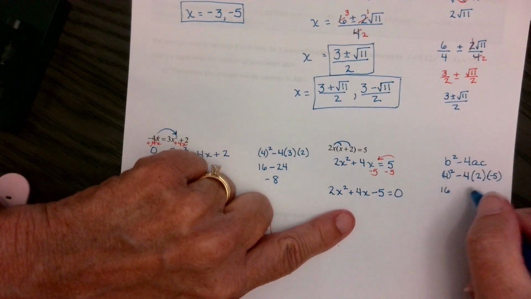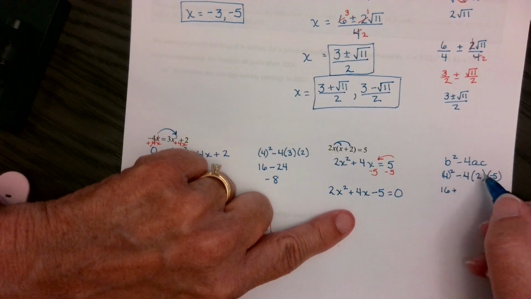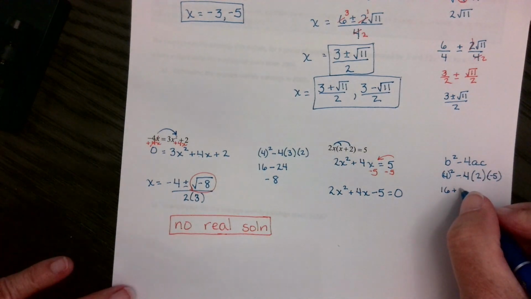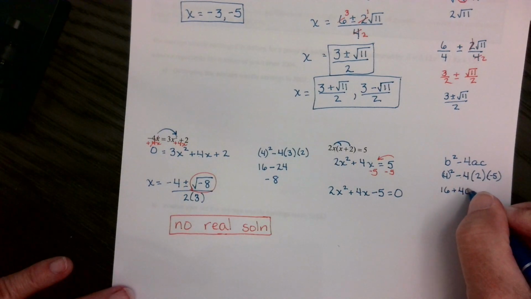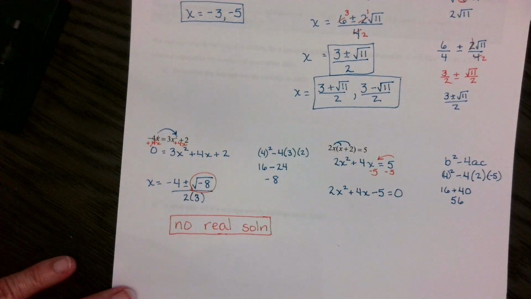So I have 16. 2 negatives is positive, or you can say negative 4 times 2 is negative 8. Negative 8 times negative 5 gives me a positive 40. That gives me 56. 56 is not a perfect square.